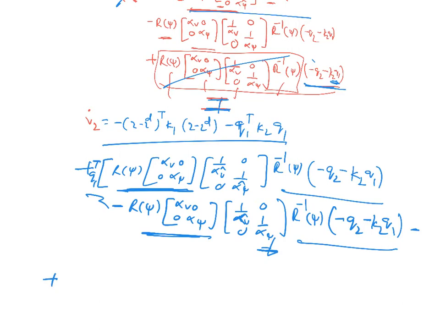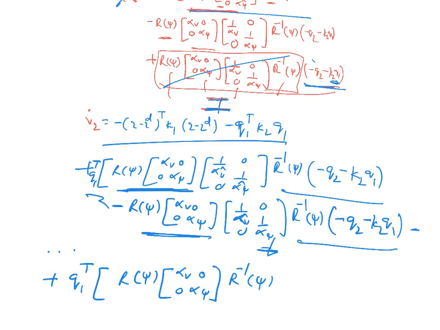So it is 1 plus, dot dot dot, plus Q1 transpose, taking R psi common, and this common, alpha V 0 0. The good thing about the common thing is that if we multiply this with 0, this will go out, so it doesn't matter if we know them or not. So this, and then R inverse psi minus Q2 minus K2 Q1, and basically this minus this.